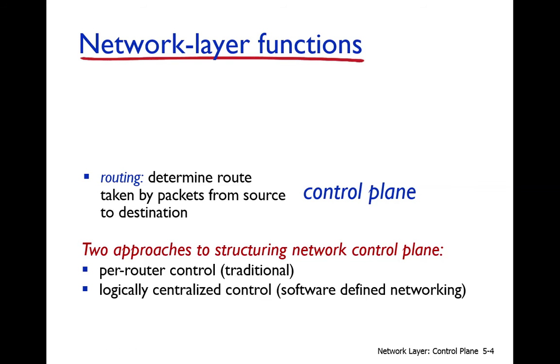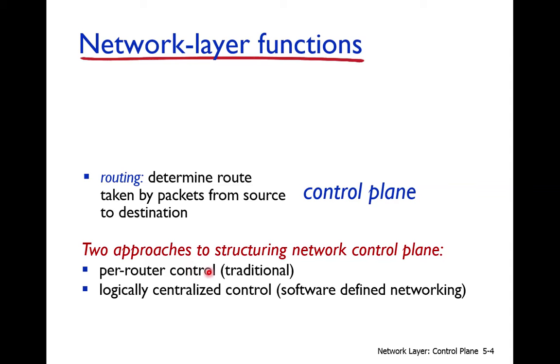We also know that for the network control plane we have two types of approaches. The first is called the per-router control plane. This is called the traditional network, which is currently used in practice. In this traditional network, each router has a control plane, and the control plane of each router communicates with the control planes of the rest of the routers and computes the best path.